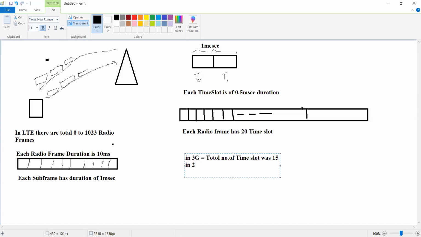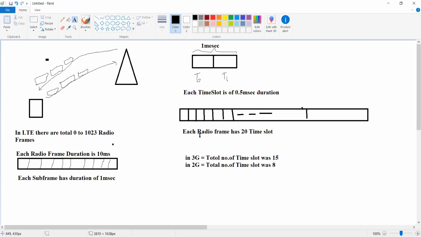In 2G, the total number of time slots was 8. But in LTE, the total number of time slots is 20. This is the difference between LTE and 3G, 2G frame structure.